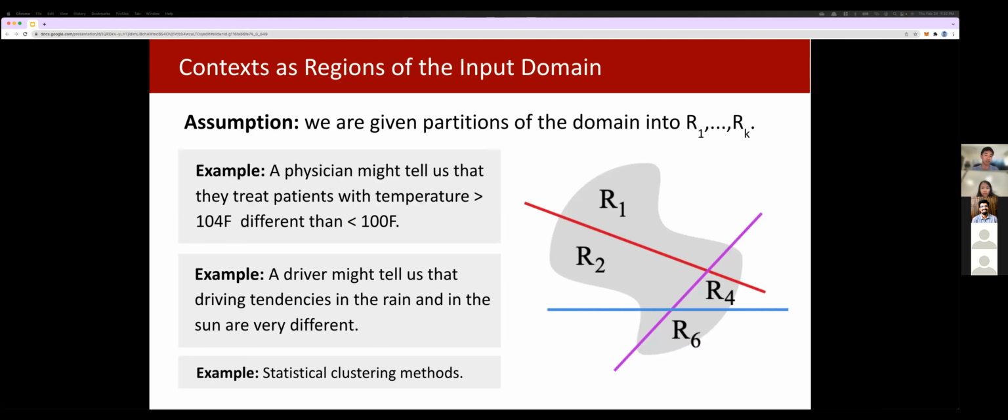So for example, a physician might tell you a heuristic they used to identify an action to take. Or a driver might tell you that they behave very differently under harsh weather conditions versus easy weather conditions. And worst case, if you don't have any expert knowledge, you can always try statistical clustering or unsupervised methods on your machine learning data set and impose regions that way.